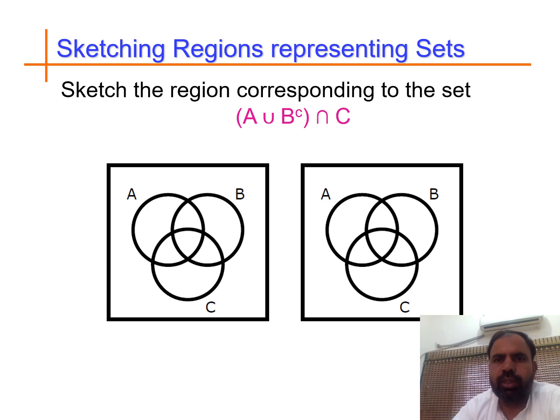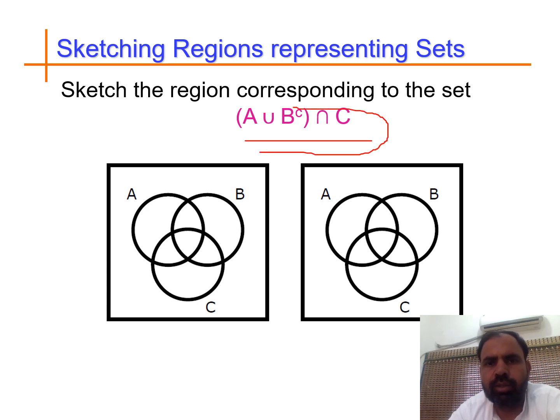Now, sketching regions representing sets, we can sketch the region corresponding to the set (A union B) complement intersection C. This is the universal set, and here are the sets A, B and C. We can write all these three sets and sketch to clarify this expression.